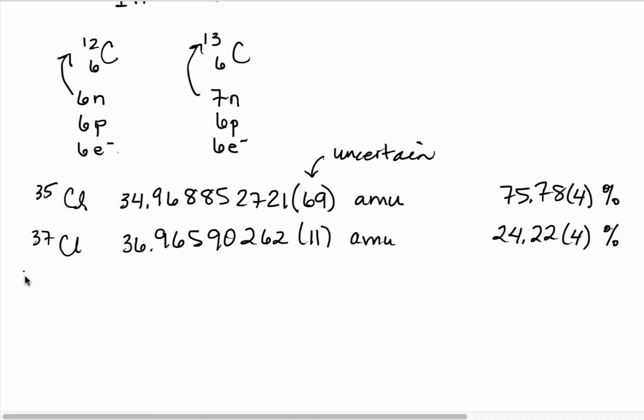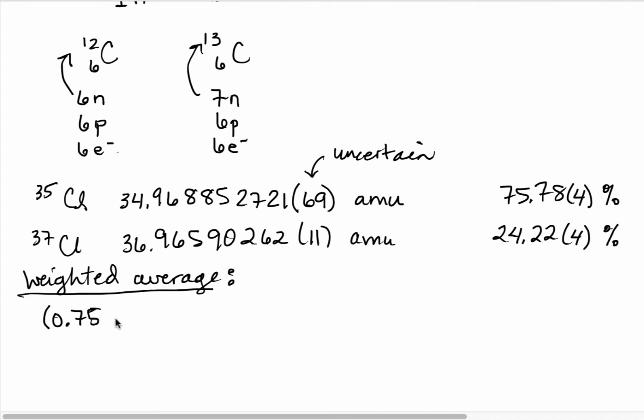So if we want to calculate the weighted average, then we're going to take the percent abundance and convert it into decimal form. So we take this number, divide by 100. And I'm going to include that first uncertain digit because it is one of our significant digits.